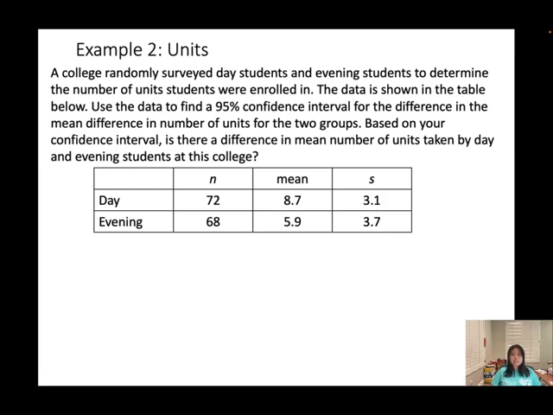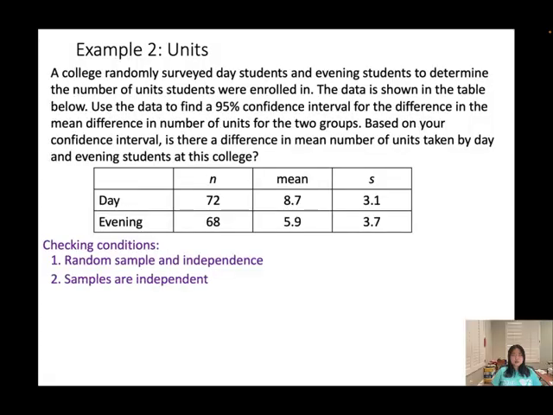So first, let's check the conditions. Number 1, random samples. Number 2, samples are independent. We do have two groups of students and they are not related to each other. Okay, samples are independent. The sample size for both of them is at least 25. This is good.